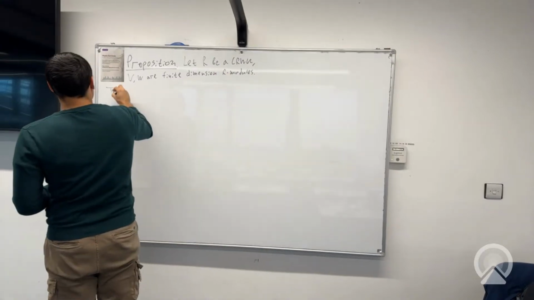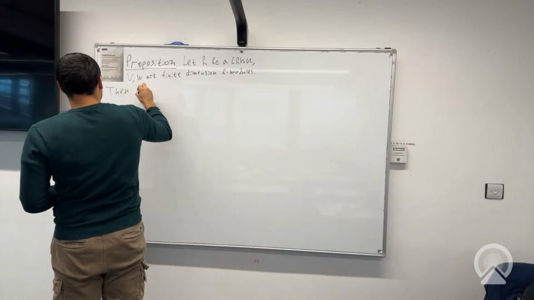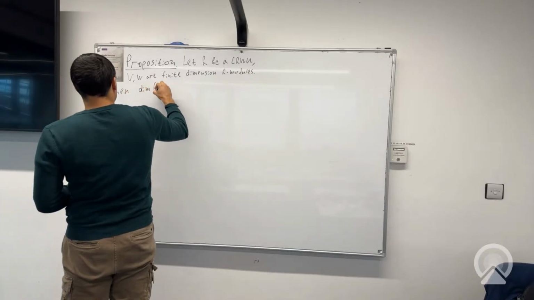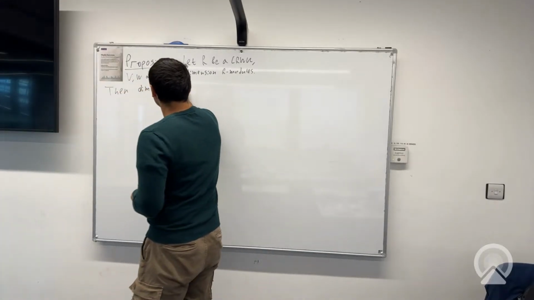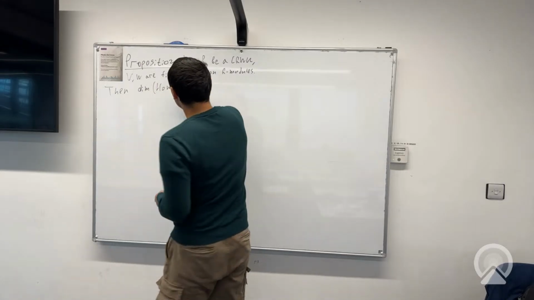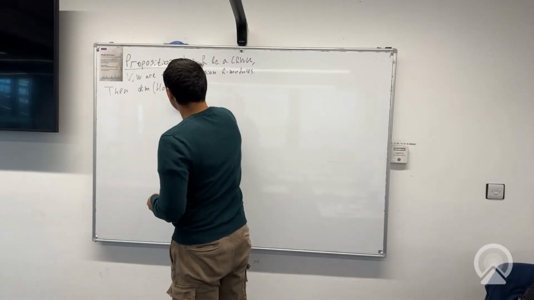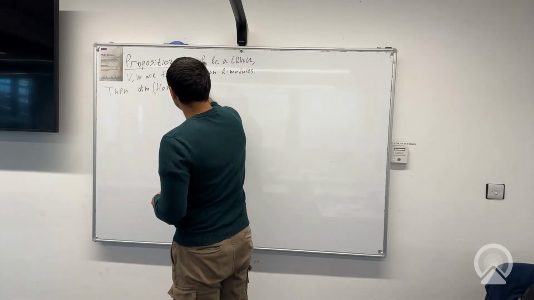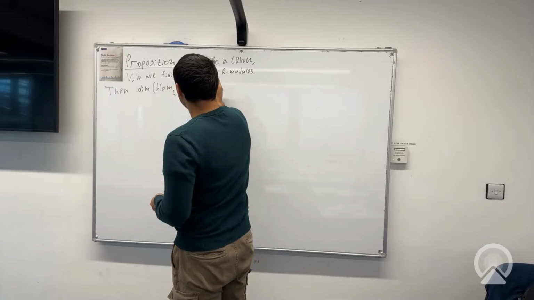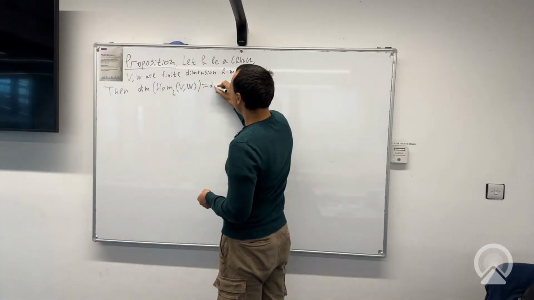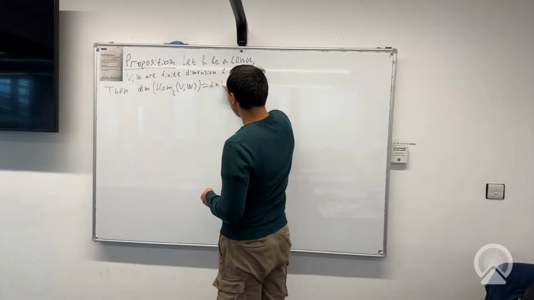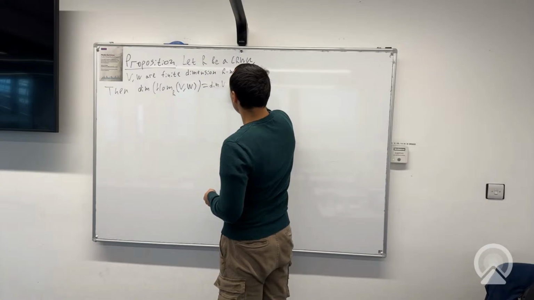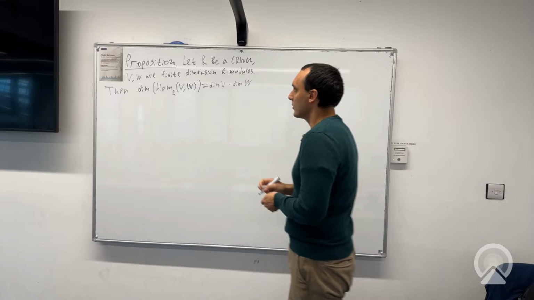Then the dimension of the space of homomorphisms is equal to the dimension of V times the dimension of W.